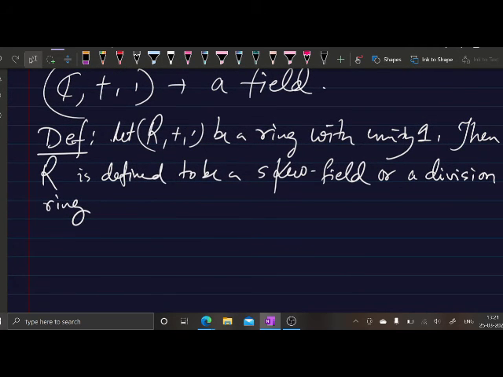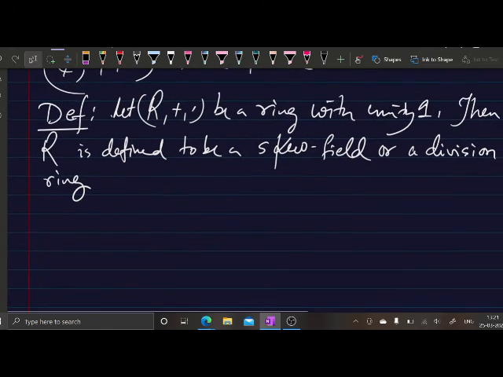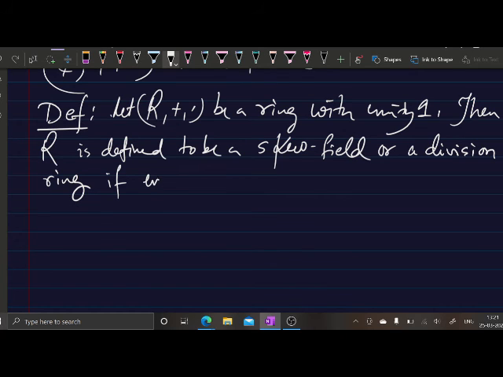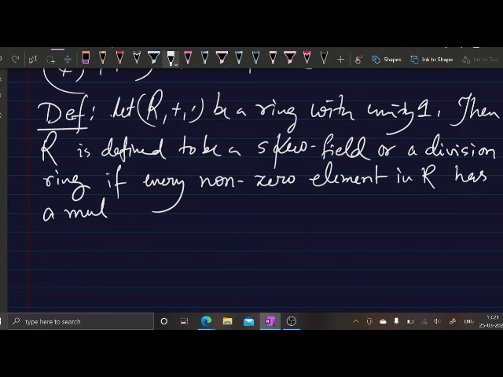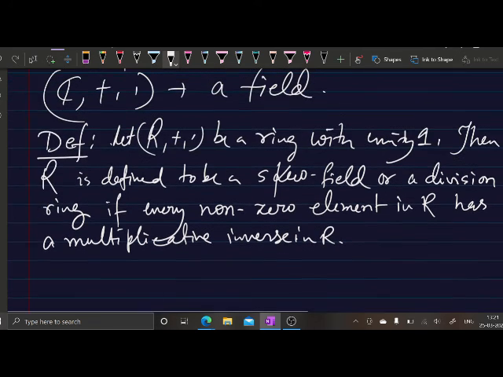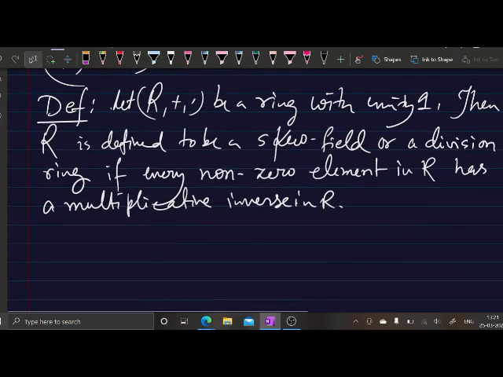Okay, so for a ring with unity, R is defined to be a skew field or a division ring if every non-zero element in R has a multiplicative inverse in R. Then this ring is called a skew field.